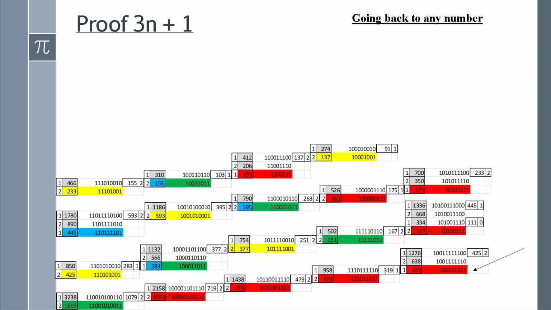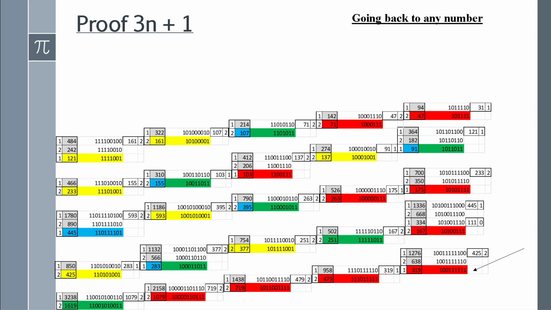Right, and you just see this happening over and over. And there's 31, so there's our 5-step number that this should be known for, but because 319 is a 6-step, it made this number famous.